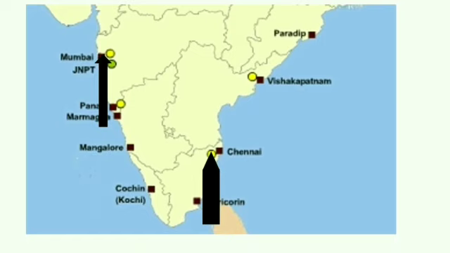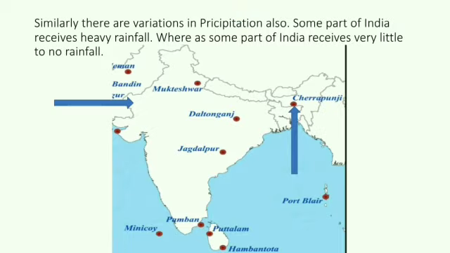You can see these regions located close to the sea. Other areas like Vishakhapatnam, Kochi, and Mangalore also experience an equable type of climate because these are located close to the sea.